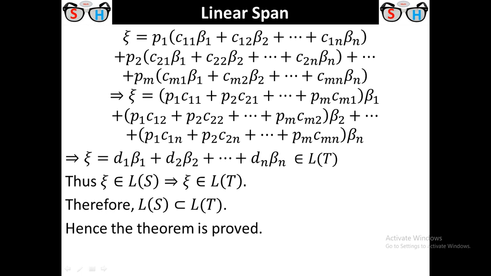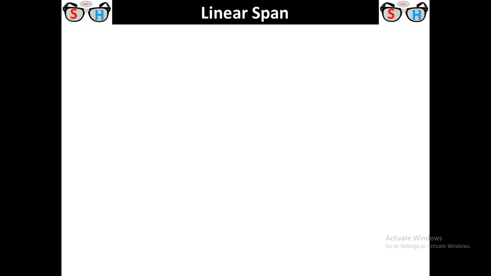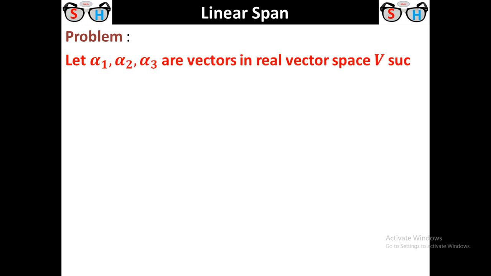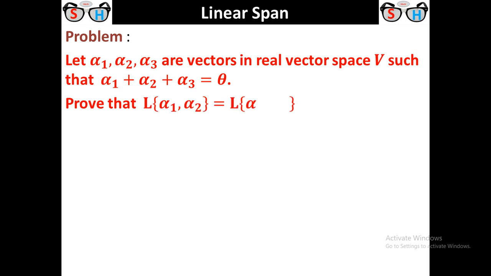Hence the theorem is proved. Now I give some problems. In the first problem, let alpha 1, alpha 2, alpha 3 be vectors in a real vector space V such that alpha 1 plus alpha 2 plus alpha 3 equals theta.